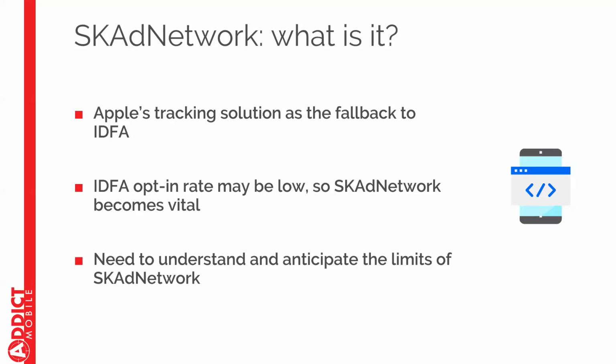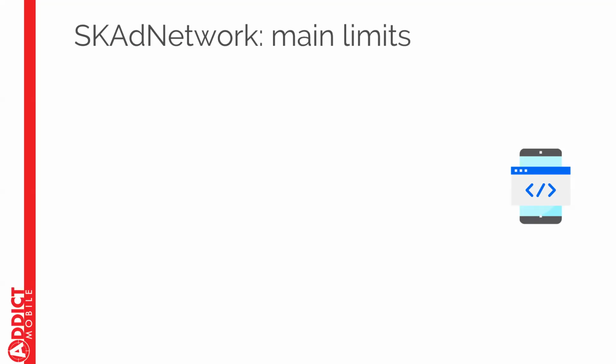What's important is you need to understand and anticipate the limits of SKAdNetwork. There are many limits that affect the way we're going to do user acquisition and how we're going to adapt our campaigns and strategy. The main limits are, first of all, the aggregated data. You won't have, as you used to, user level data.